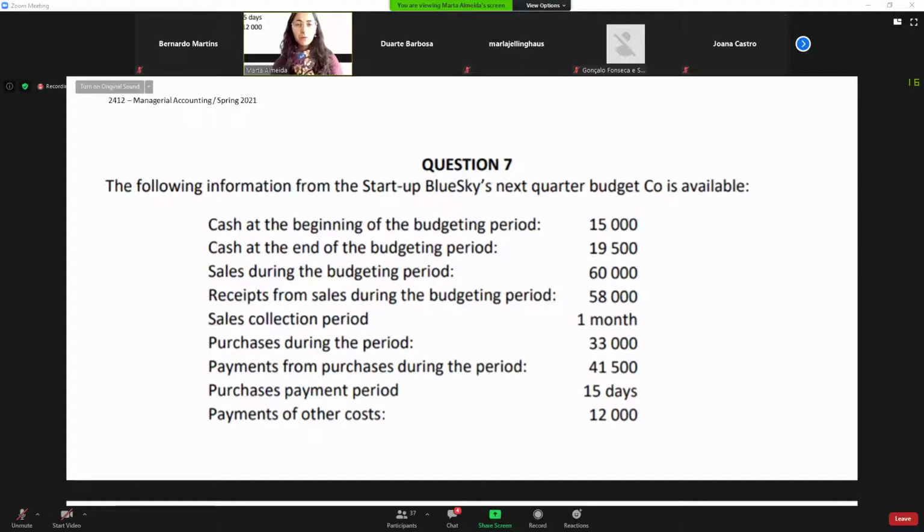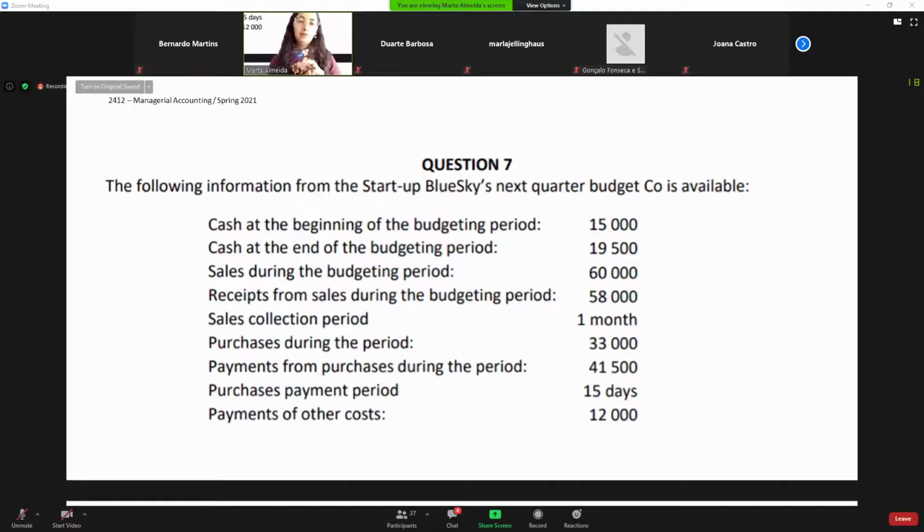Is everyone following? So during the period, we expect to sell 60,000 and we expect to receive 58,000. The 58,000 that we expect to receive will be first how much the clients were owing the company at the beginning of the period. That is the value of receivables at the beginning of the period.